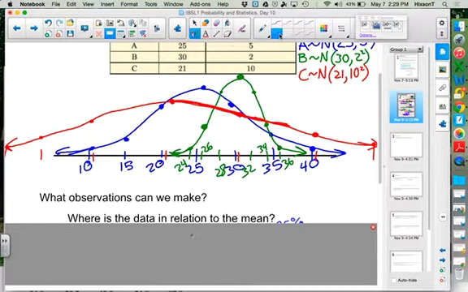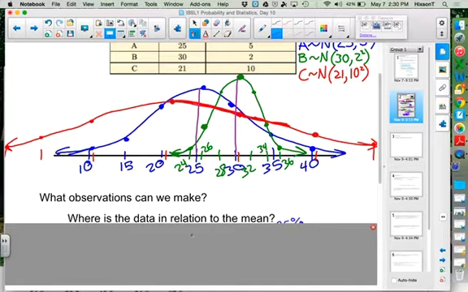Okay? So here's 25. And here's 30. Okay? Now, if I look at these, you'll notice that's actually one standard deviation of my data set A, right?